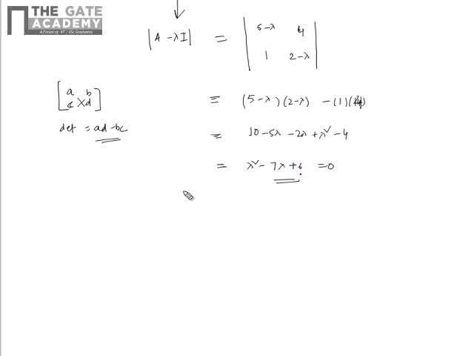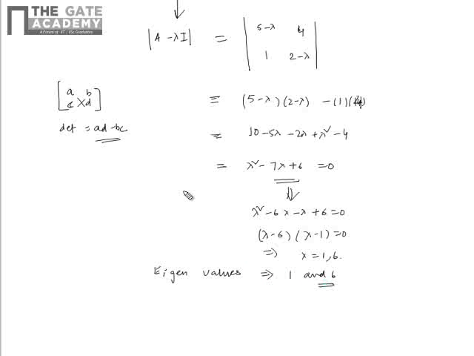Now the roots of this equation you can simply factorize: λ² − 6λ − λ + 6 = 0. The roots are 1 and 6. So the eigenvalues are 1 and 6.